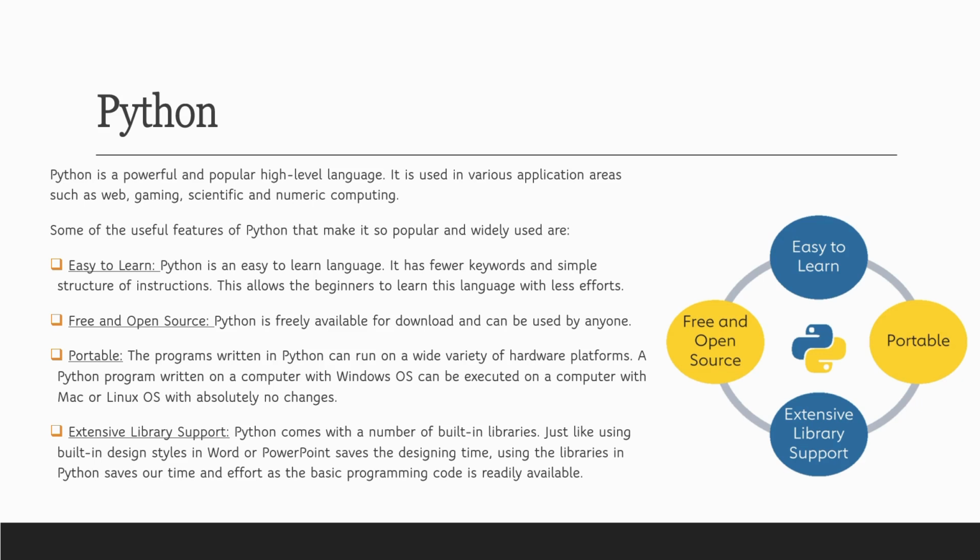Just as we use design templates in Word or PowerPoint to save effort, Python libraries give us ready made code for tasks like mathematics, graphics, or even artificial intelligence. That's why Python has become a favorite for students, teachers, scientists, and even big companies. It's simple, powerful, and everywhere.